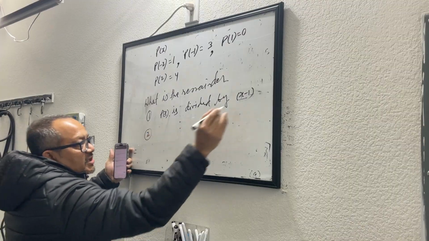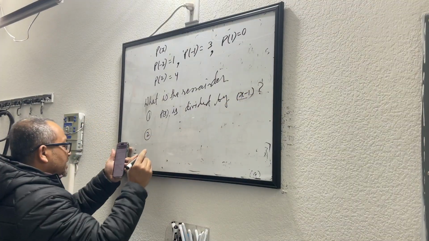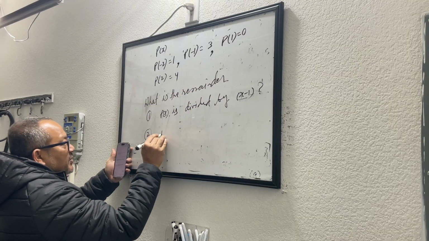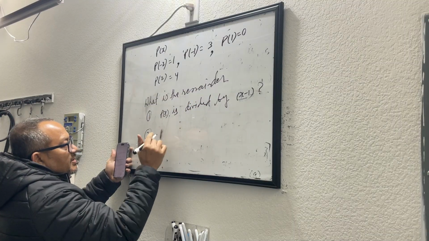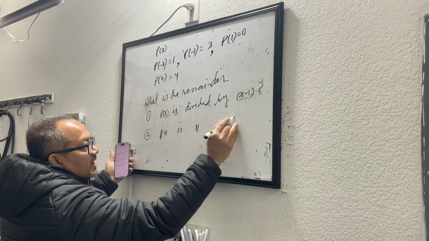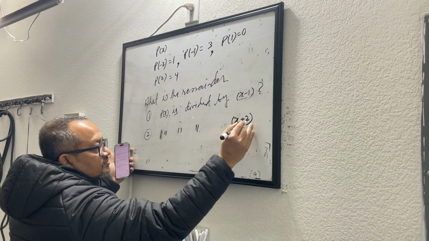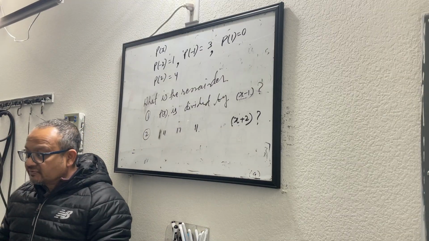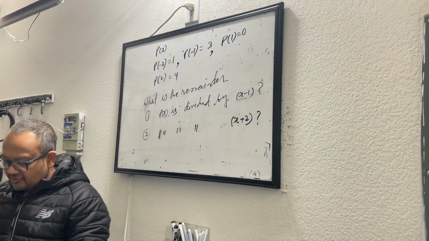And the second question is, what is the remainder when p of x is divided by x plus 2? Okay? So I'm reading the question one last time and I will let you deal with the ghost.